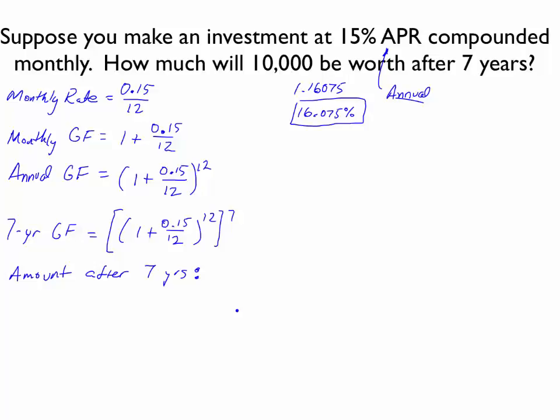It's a multiplier on an amount to get the amount 7 years later. Therefore, 10,000 times that. That's right. So we do 10,000 times that.